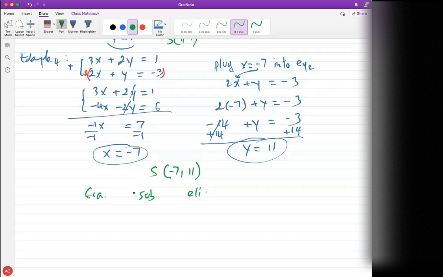The question will usually tell you which method to use: graphing, substitution, or elimination. And you have to use the method that the question is asking you to use. If the question does not specify which method to use, then you can use any one of these. Any one of these will be fine.